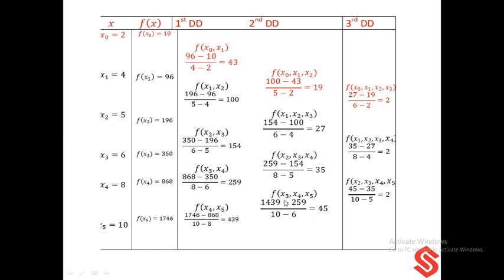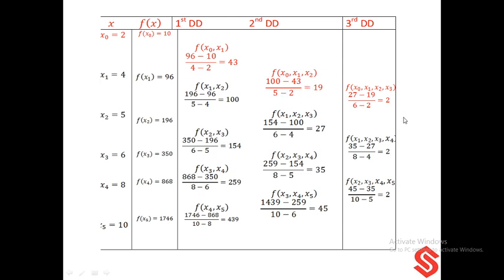Next, f of x3 x4 x5 is equal to f of x4 comma x5 minus f of x3 comma x4 divided by x5 minus x3, that is 439 minus 259 divided by 10 minus 6 will get 45. So these are the second order divided differences.